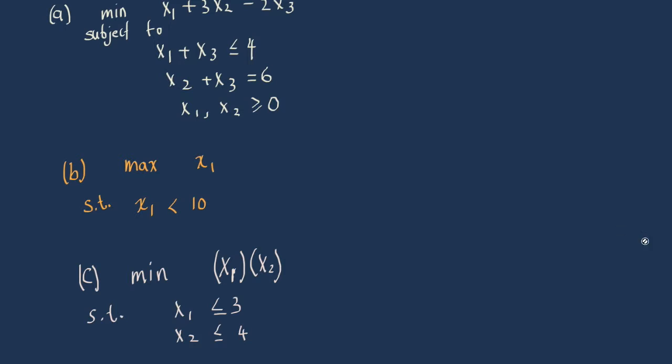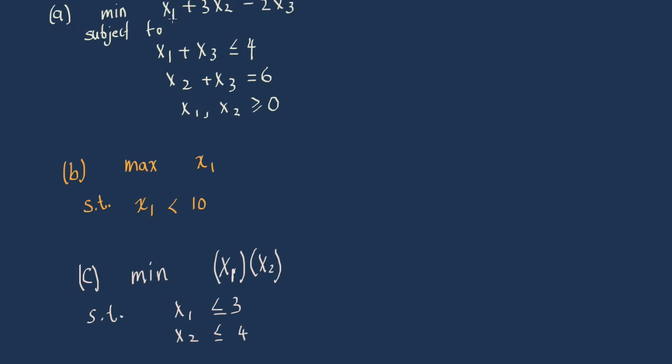The very first example is minimize x1 plus 3x2 minus 2x3 with these constraints: x1 plus x3 is less than or equal to 4, x2 plus x3 is equal to 6, and x1 and x2 have to be greater than or equal to 0. We'll verify whether this is a linear programming formulation or not.